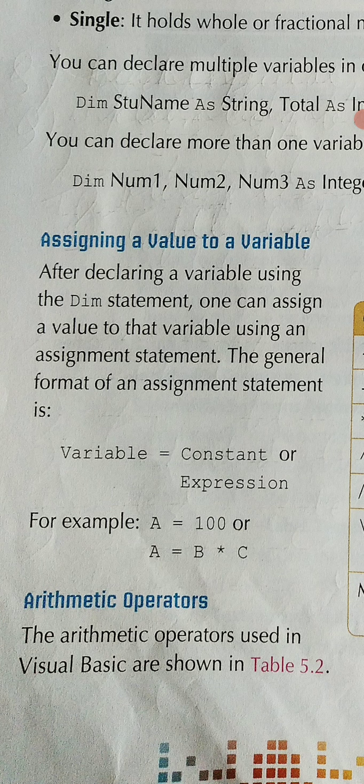The general format of an assignment statement is, give a hyphen, variable is equal to constant or expression. Then in the next line, for example, hyphen, A is equal to 100, or A is equal to B into C.